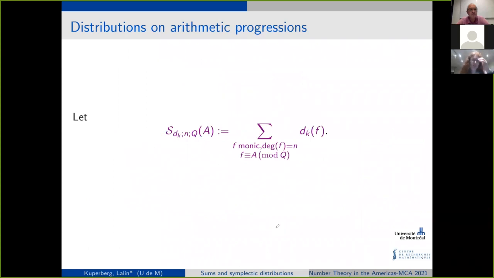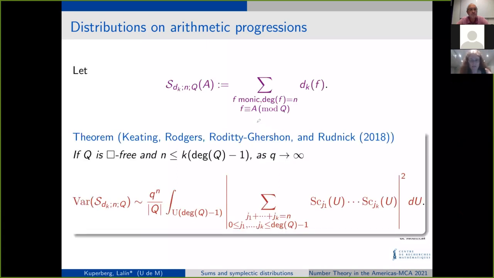Now for the other problem, this is about moving over an arithmetic progression. Again, we consider the sum of d_k(f), but now with f congruent to some a modulo q, where q is a square-free polynomial. And what they got is, again, a limiting integral as q goes to infinity, expressing the variance of this sum.